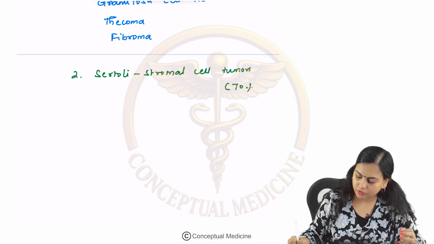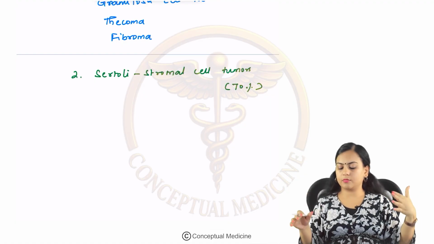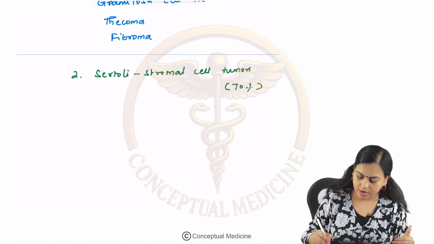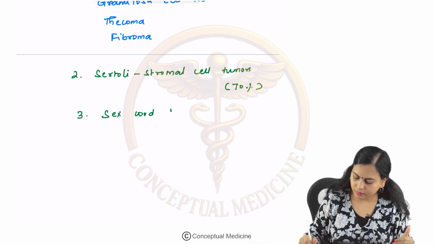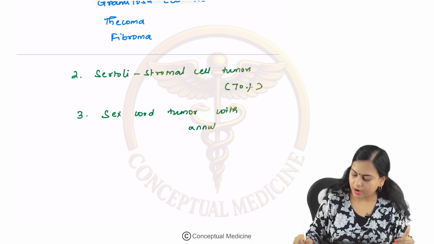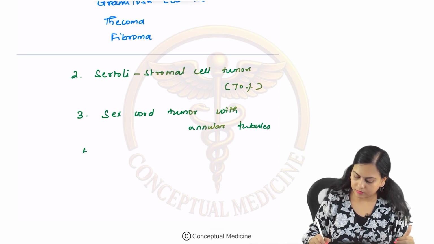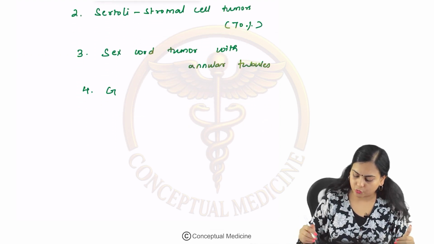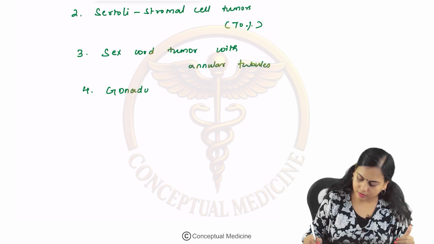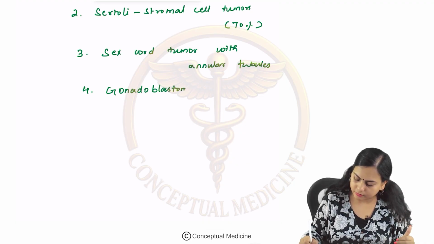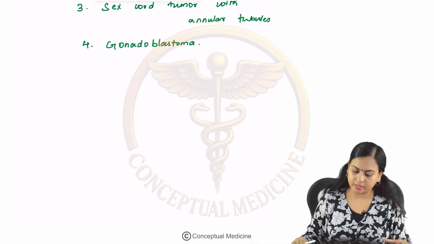Now, this is going to constitute about 70%, which is nothing but the Sertoli Leydig cell tumor. And the next one is sex cord tumor with annular tubules. And finally, we have the gonadoblastoma as well. Clear?